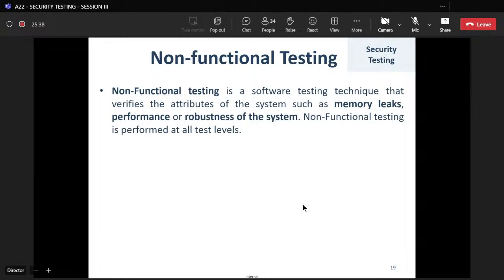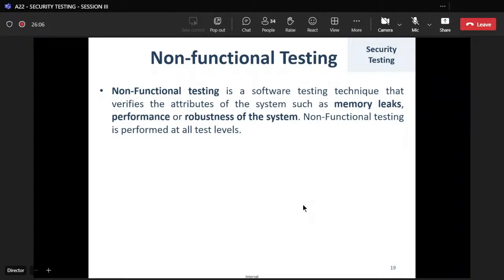But when you perform the testing as a whole, as a system, you'll find the system is very sluggish, or you may not get the response within the stipulated time, or it may lead to an error, or the system may go into a hang status. So the robustness and the performance cannot be tested in functional testing. So there comes your non-functional testing.